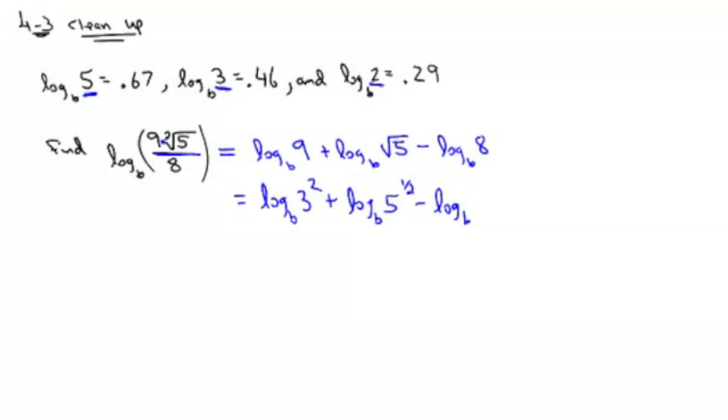What can I do with 8? I can't make it a 3, can't make it a 5, only leaves me 2. So how do I make an 8 a 2? 2 to the third. Okay, halfway there. So you create the bases that are necessary. What can I do with the powers?